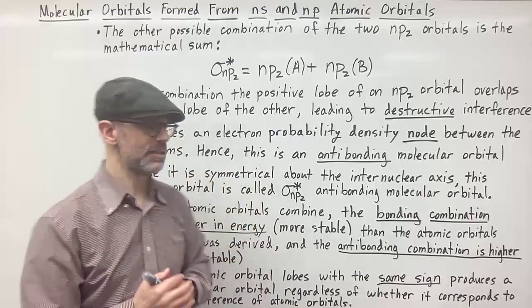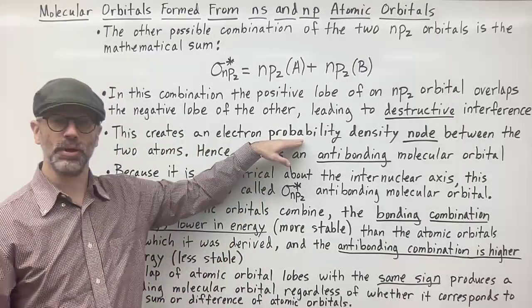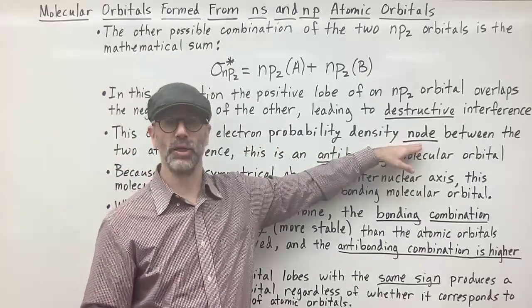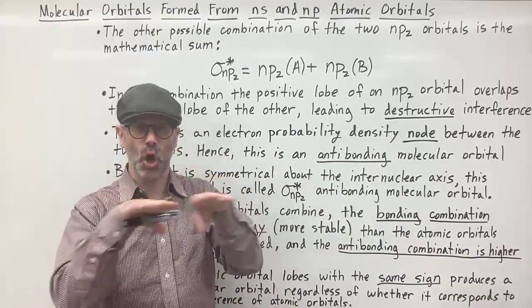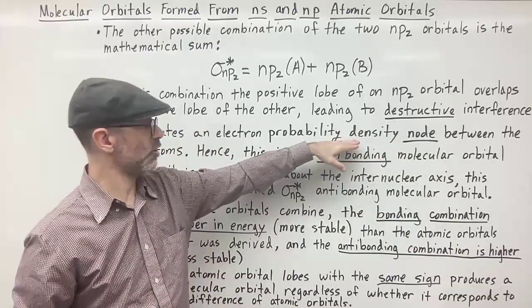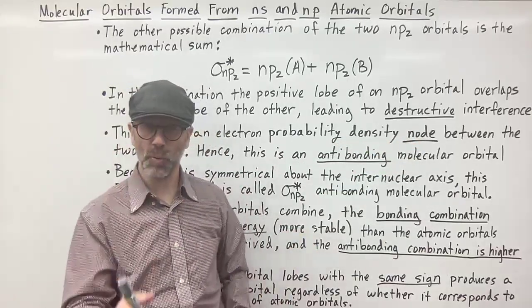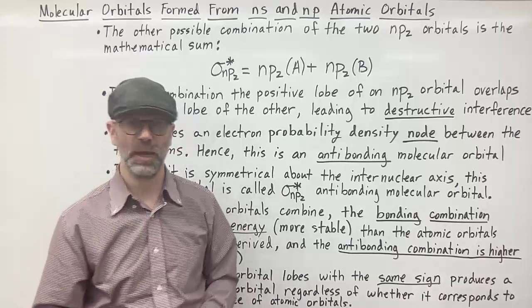In this case, this is going to create an electron probability density node, which means zero probability, right? Just like when water waves destructively interfere, you're going to get no wave. Same thing here. The probability density is a node, meaning there's zero probability at that particular plane in space.